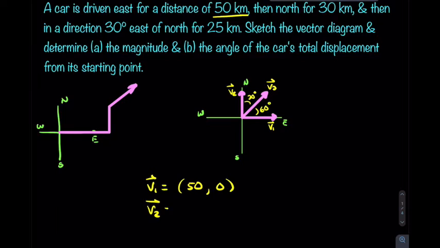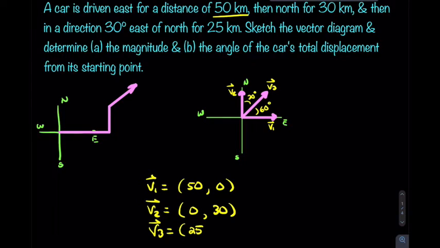Vector 2 will travel no kilometers in the east direction, and 30 kilometers in the north direction.